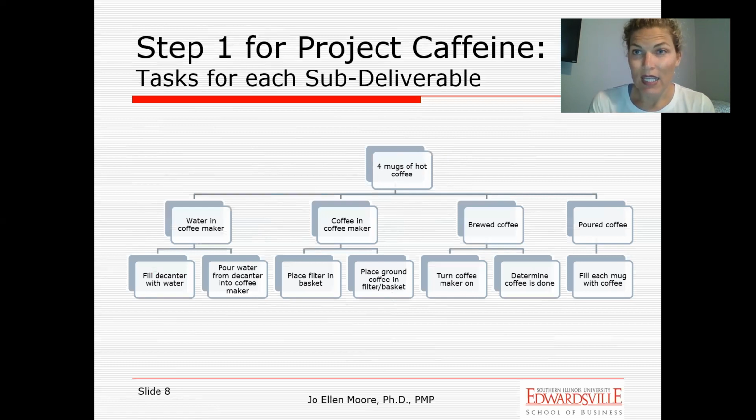Doing it in this hierarchy form is not necessarily necessary, because once you identify these steps, you'll actually put it in a different format. But this is just one way to help break it down.